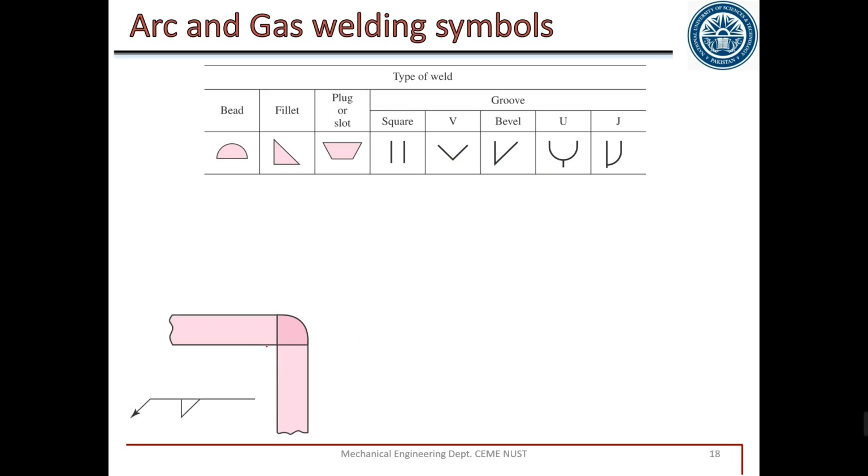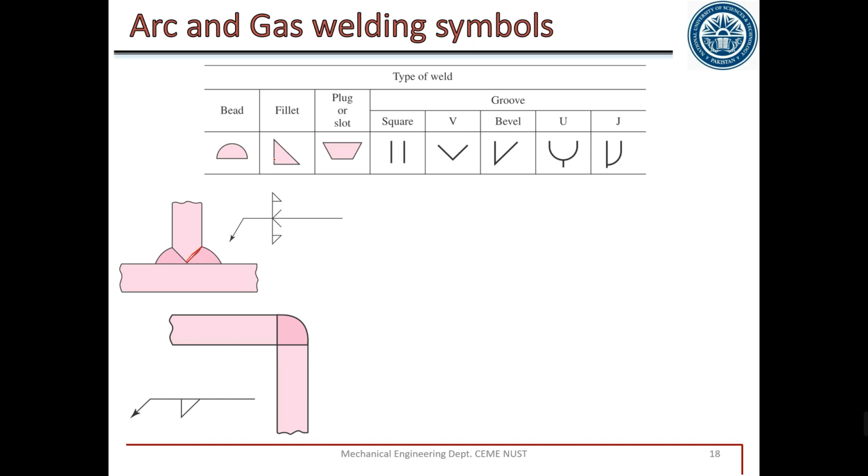Similarly, from this symbol it is not clear, but with this symbol there will always be this figure. So this figure shows that at this point we have a groove weld. Sorry, fillet weld. Sorry. This shows that we have prepared this portion initially, and then we have made a fillet weld, or a bead.